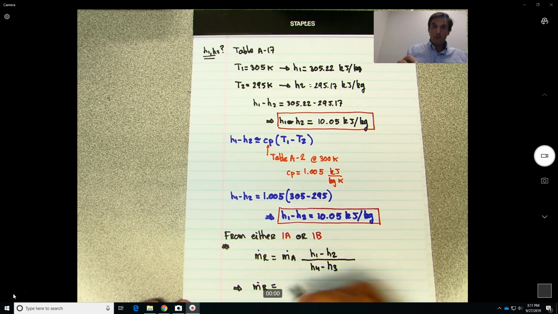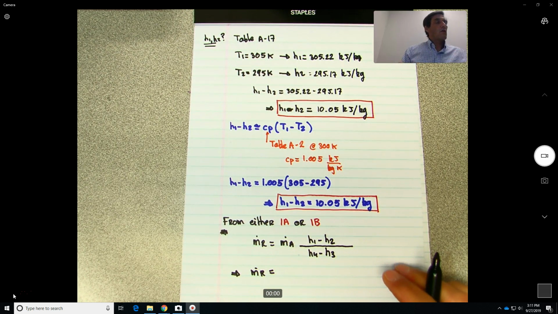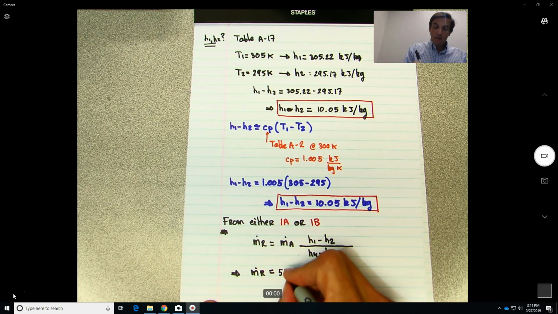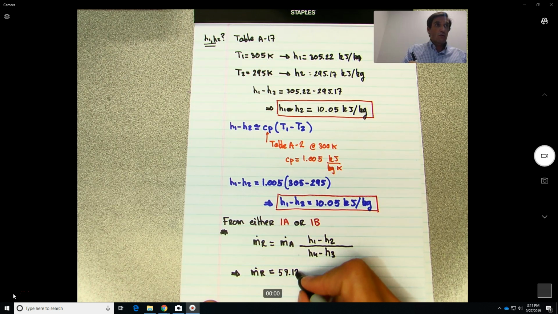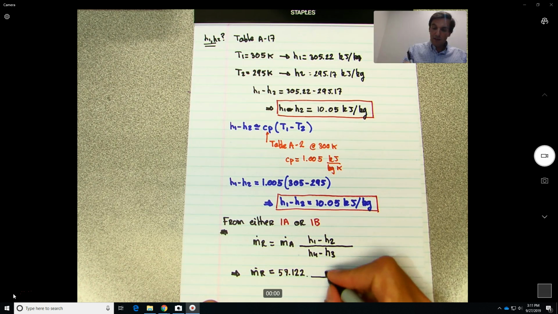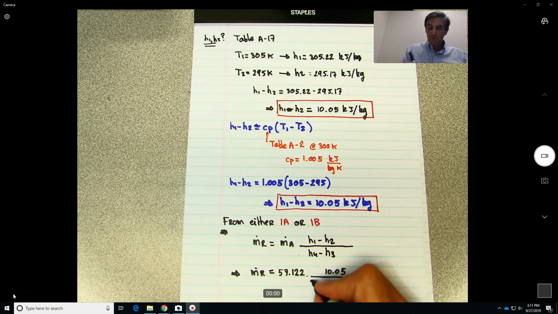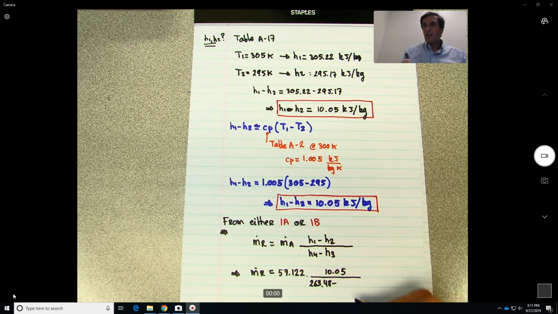Mass flow of refrigerant will be equal to, what did we have for the mass flow of A? 57.122 times 10.05. H4 we had 263.48, and H3 we had 110.528, sorry.